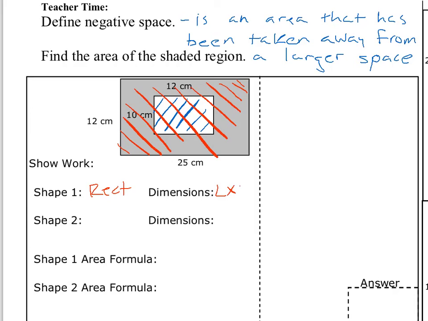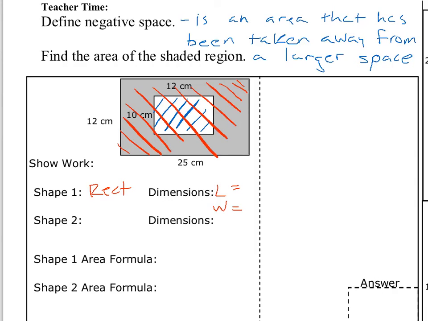How much did I start out with? What is the length and width of my entire brownie pan? My entire red shaded area? What are the length and width of my entire brownie tray?